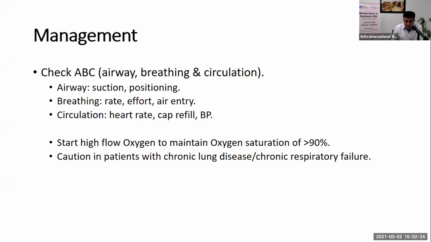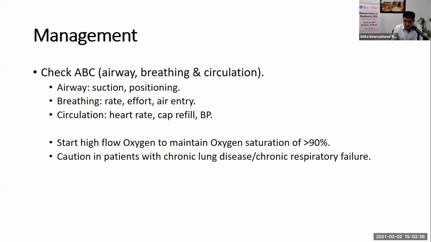The first thing that needs to be done in any respiratory failure is you usually start with high flow oxygen. We call it simply 100% oxygen with whatever technique possible, if it's a non-rebreathing face mask or even a high flow nasal cannula. You try to keep the saturation more than 90%, but remember that patients who have chronic lung disease and are in chronic respiratory failure, you need to be a little conservative about the oxygen, because in those patients in whom CO2 remains very high for a long time, the trigger for respiration shifts from CO2 to oxygen.